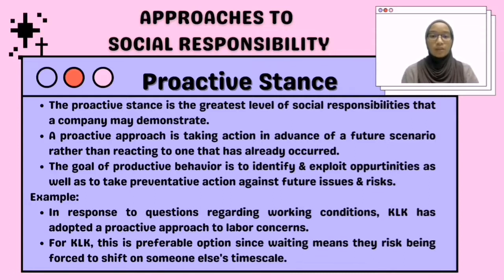For example, in response to questions regarding working conditions, KLK has adopted a proactive approach to labor concerns. For KLK, this is the preferable option since waiting means they risk being forced to shift on someone else's timescales.